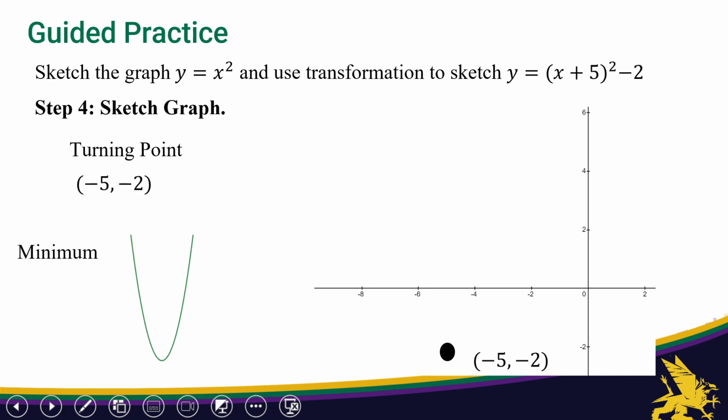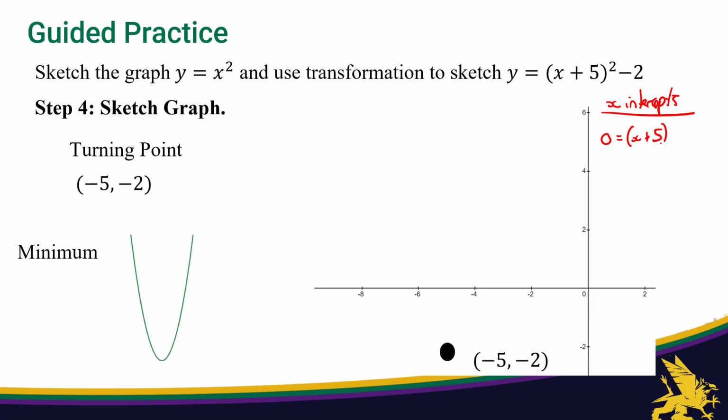Next part, I know it's a minimum, so I'm going to have two x-intercepts, and I'm also going to have a y-intercept. The next thing is finding the intercepts. So for x-intercepts, I'm going to make y equals 0. I'll add 2 to both sides.